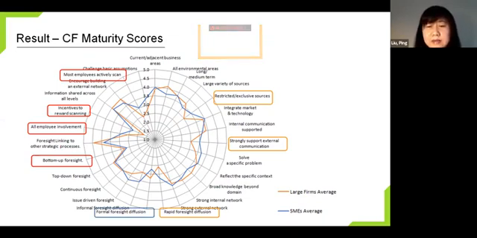While in SMEs, they have low formal foresight diffusion. And this may be because of the company structures in large firms and SMEs, the rapid foresight diffusion and the formal foresight diffusion.